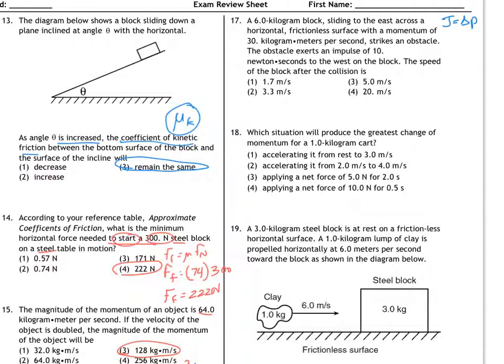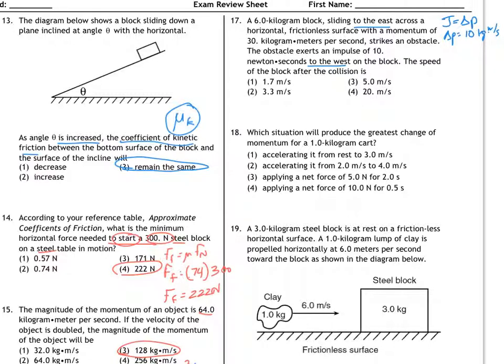So since the block was traveling to the east, but the impulse was 10 newton seconds to the west, then we know how much momentum change there's going to be. The change in momentum is going to be 10 kilogram meters per second.